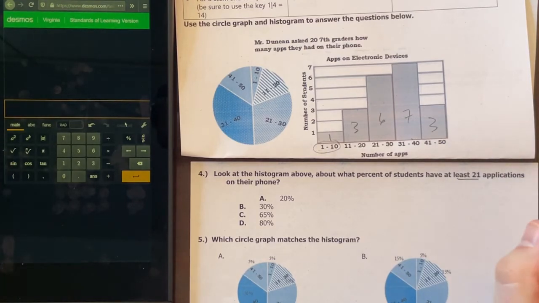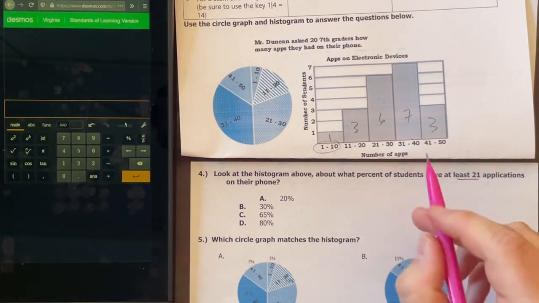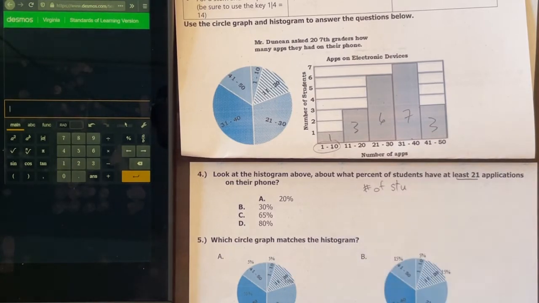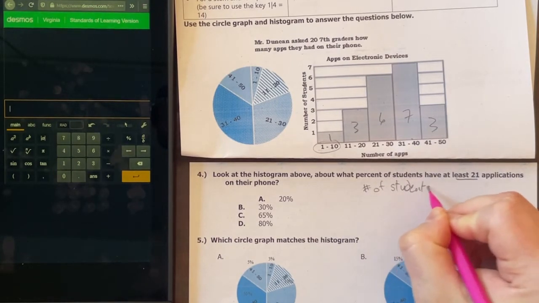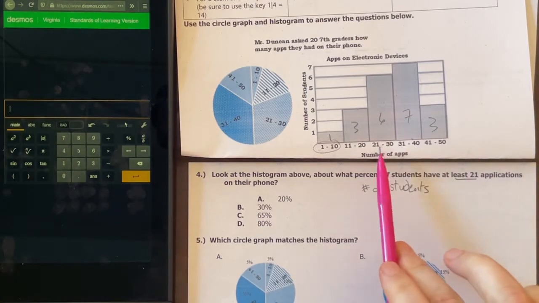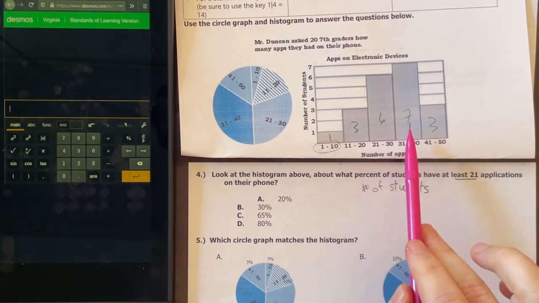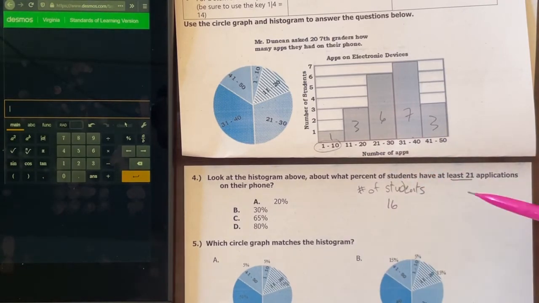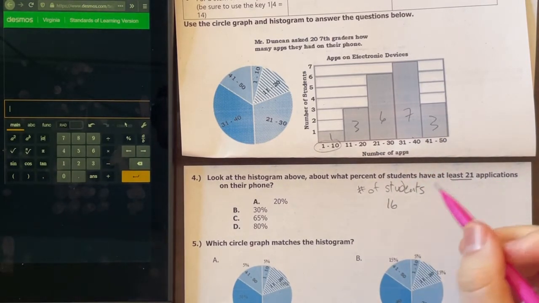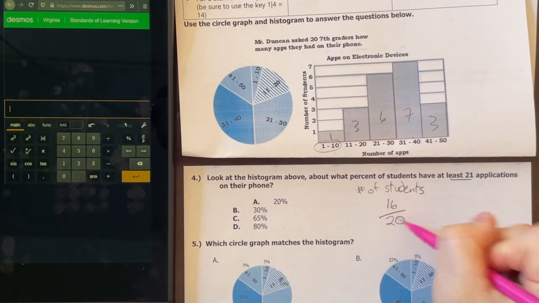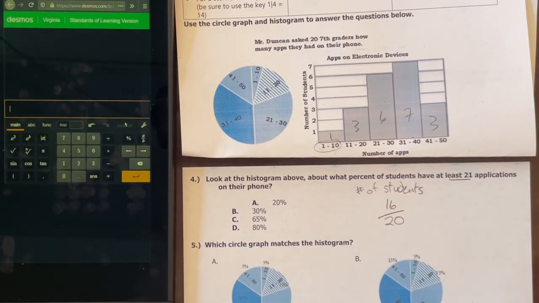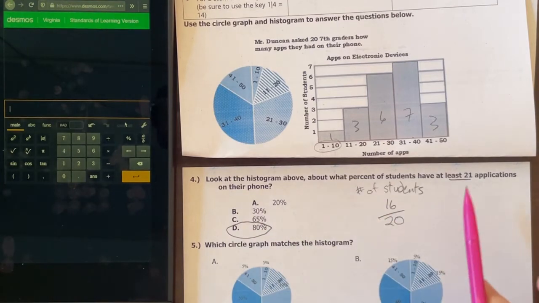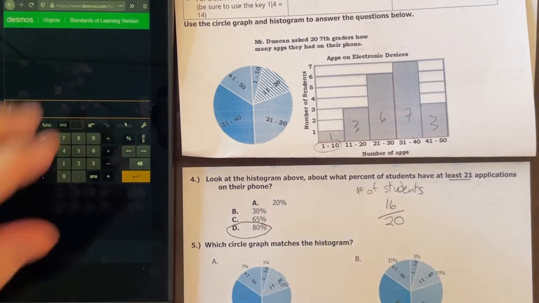So let's figure out first the number of students. At least 21, so it's going to be 6 plus 7 plus 3. So 16 students have at least 21, which out of the total of 20 is going to be 80%. So we'd say 80% have at least 21 apps on their phone.